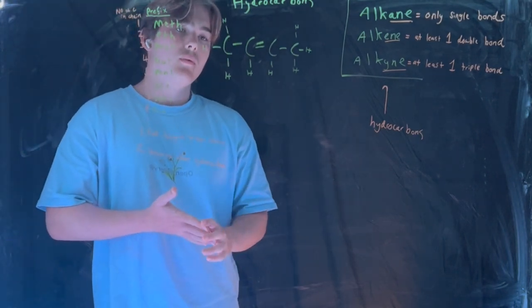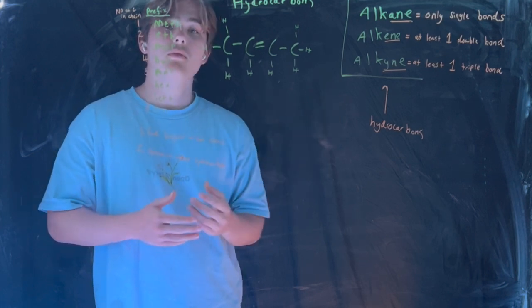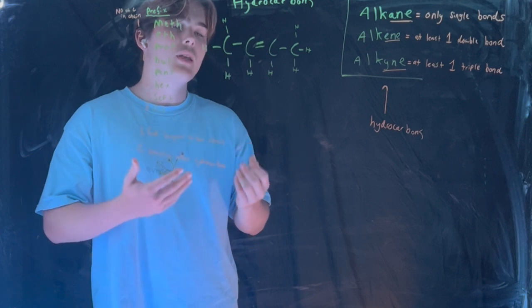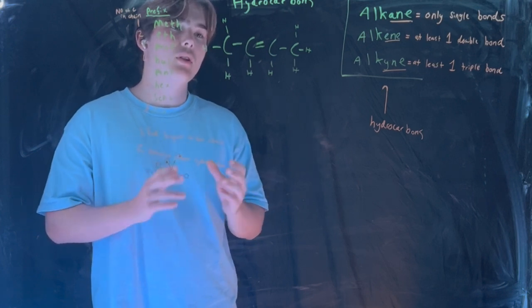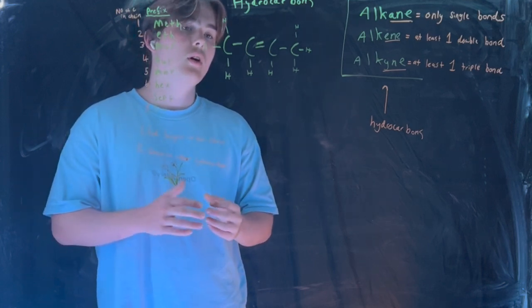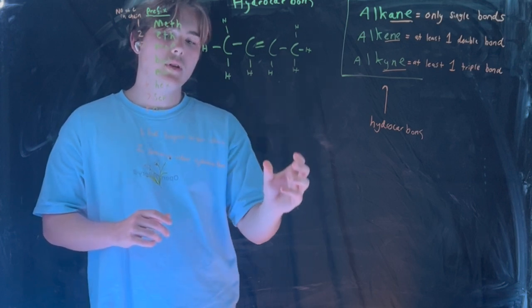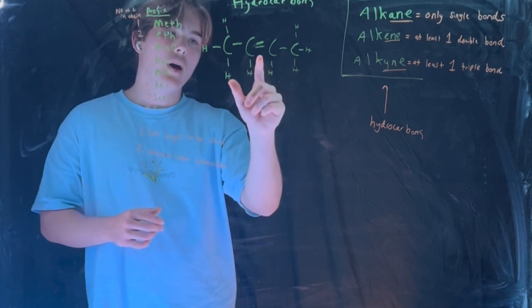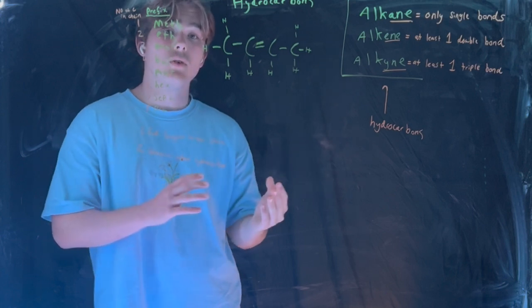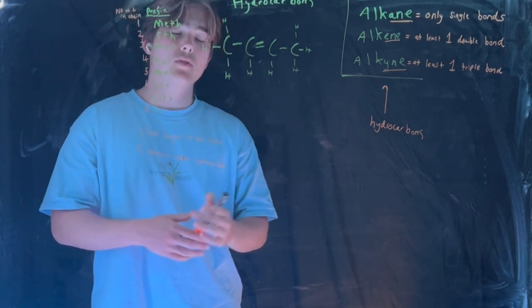This molecule here is going to be an alkene because we have that double bond. So it's going to be an alkene, but the naming is going to be a little bit more complicated, just a tiny bit. We're going to follow the same rules, but we're going to have to indicate the position of that double bond here. So we have to tell based off the name, what carbon this double bond is on. Alright, so a little bit more complicated, but very similar process, okay?